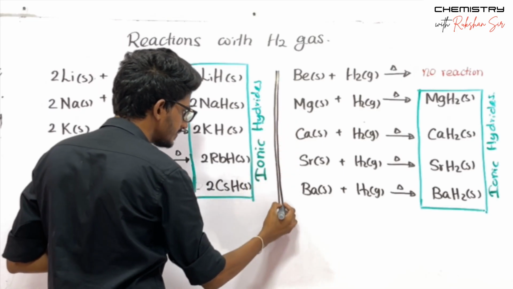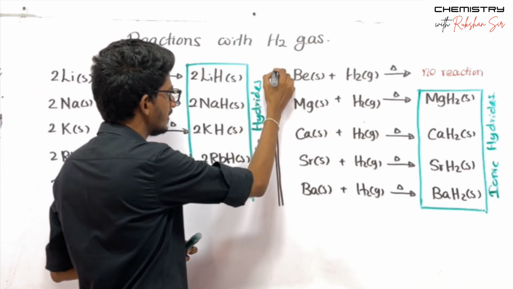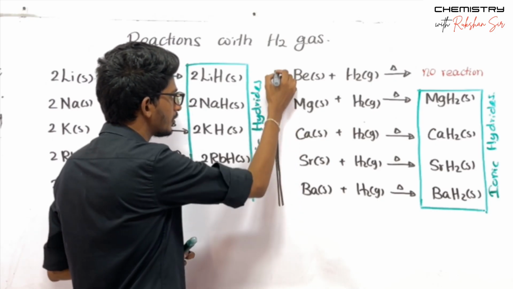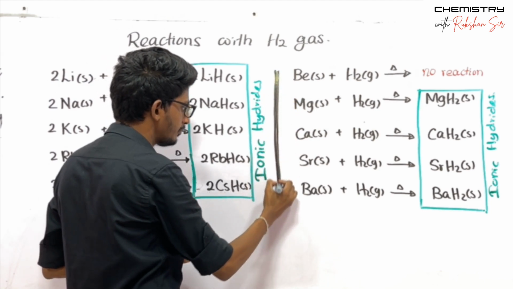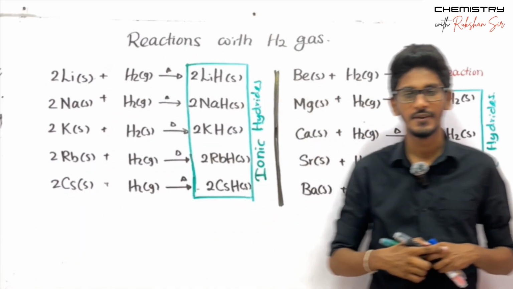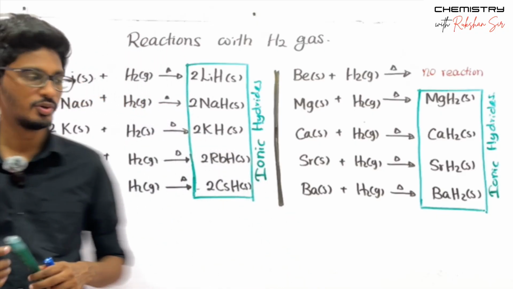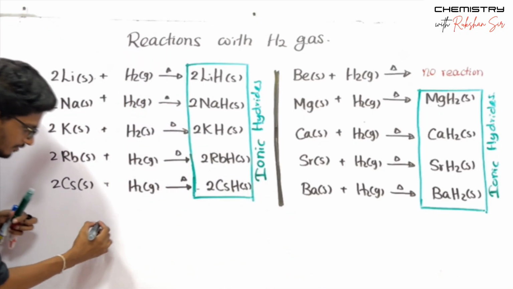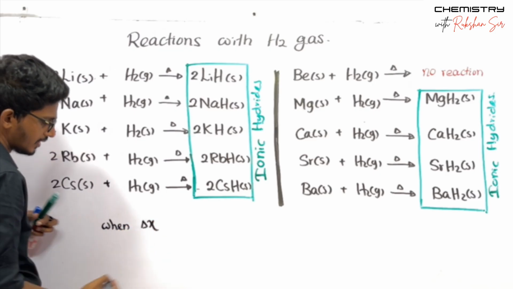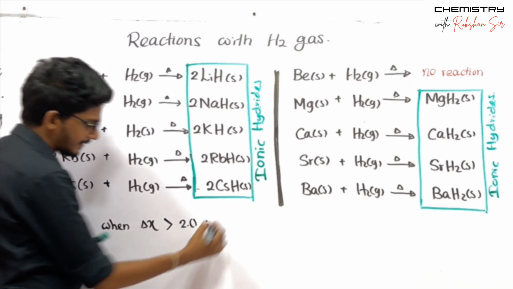Why is that? The thing is this. When it comes to the electronegativity difference between the s block metal and hydrogen, it is not going to be equal to or greater than 2. But normally what we know is that when the electronegativity difference is greater than 2, then we consider the compound or bond as ionic.